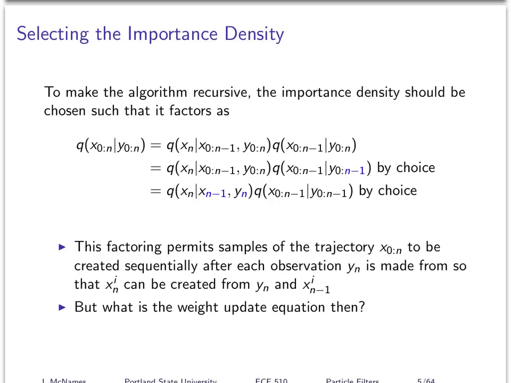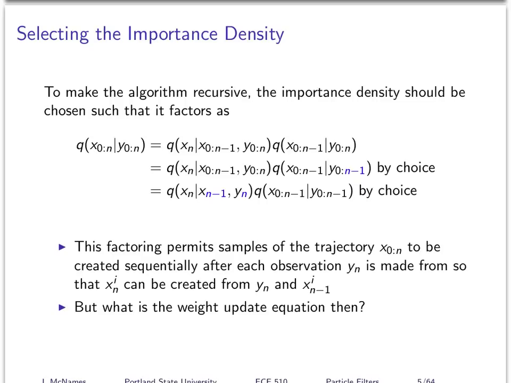But then when you go to the next step, this next step is a choice. The projector is a little bit wonky, so you can't see it, but this is highlighted in blue. There's a step here where they said this is equal to this, but it's only equal to this because we get to pick Q, our importance density, the way that we generate this trajectory.